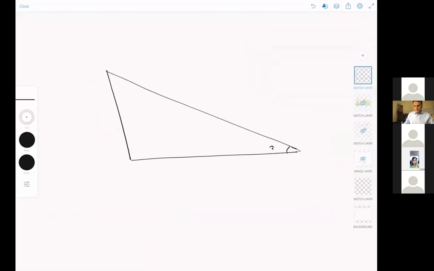This is 30 degrees. Here is 40 meters. This angle is 94 degrees. We are looking for H. So basically they're asking us to solve the triangle.